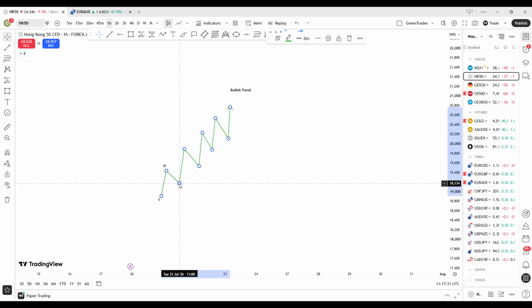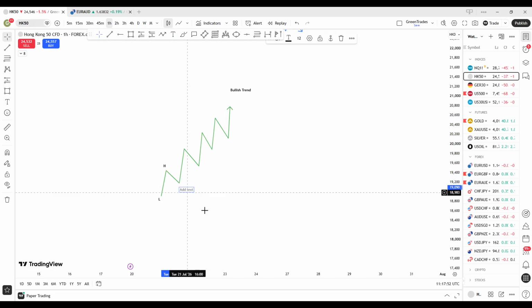This point is lower than this high, but also higher than this low. So this point becomes a higher low.